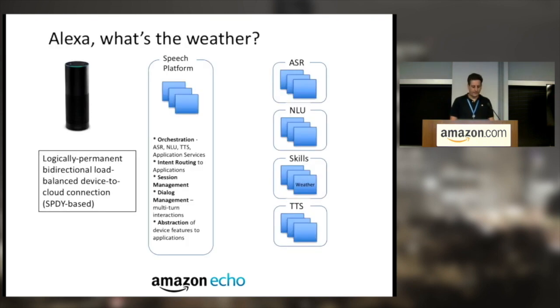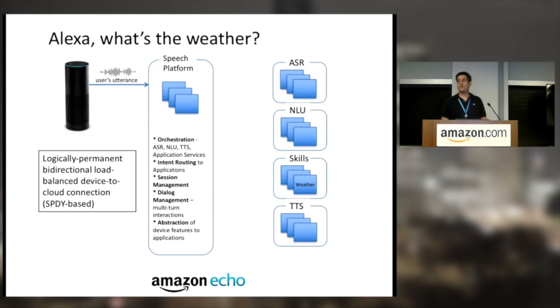So now I would like to explain how Alexa works. Let's walk through the sequence of events that occur when a user utters a phrase such as, "Alexa, what is the weather?" At the beginning, in the device, we have a wake word engine.